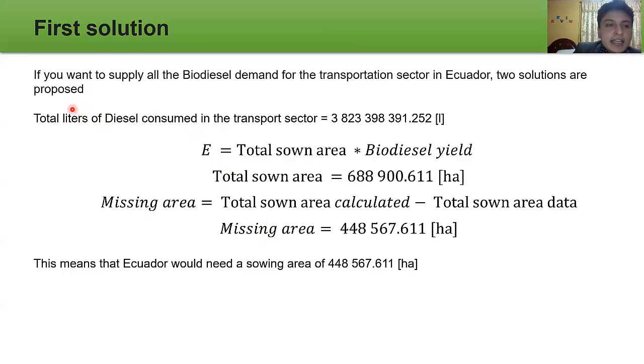It is necessary to calculate with the total liters consumed in the transportation sector to know the missing area.